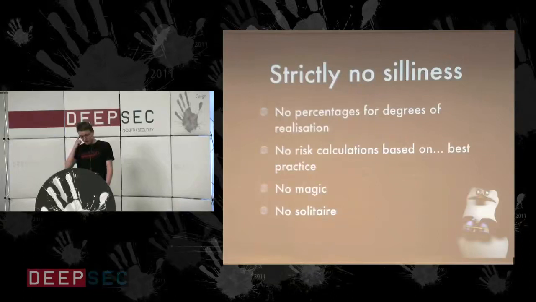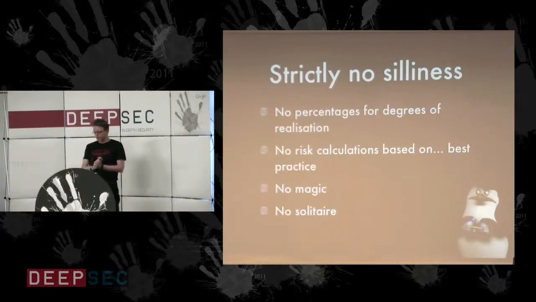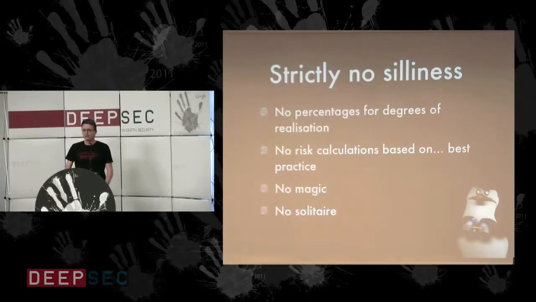What we also didn't want to do was anything magic. Like I said, with these risk calculations, magic for me is: my risk factor is 5, and I have a 5 because I count twice 1.5 or something, or twice 2.5.